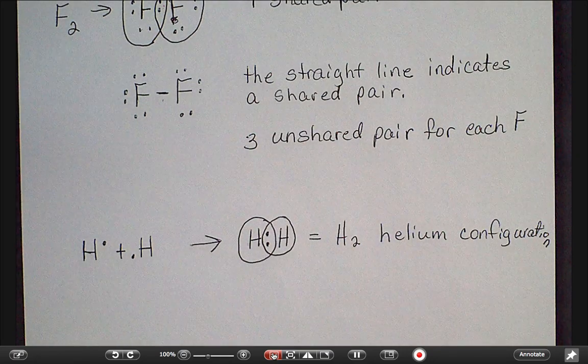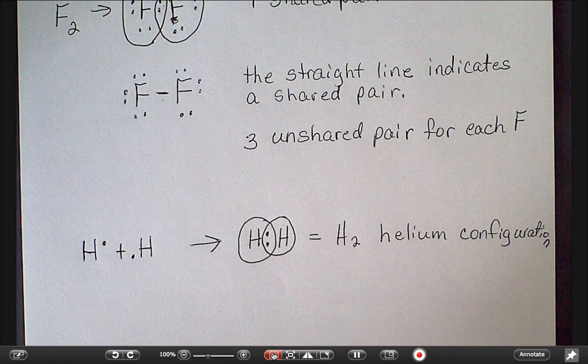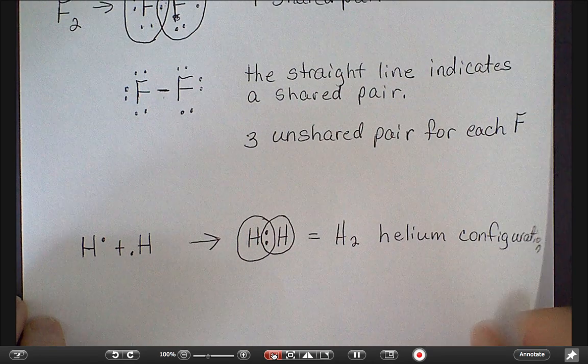Okay. I'm going to go to another paper, kind of starting with. Single covalent bonds is the heading.